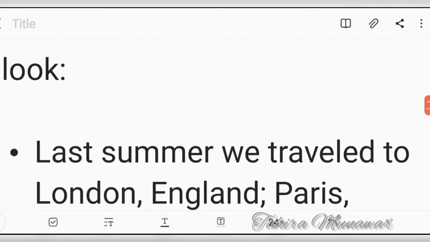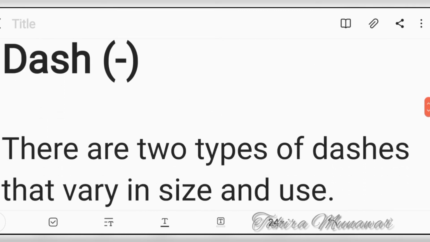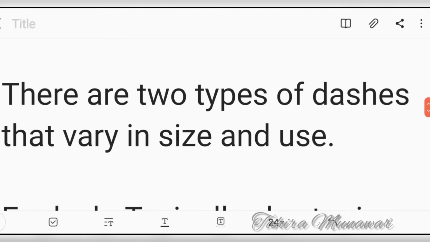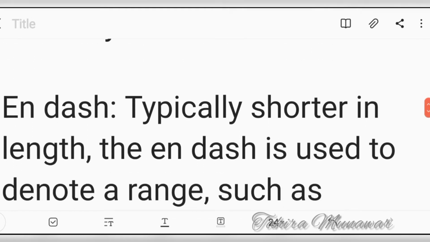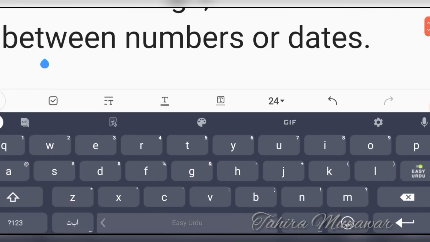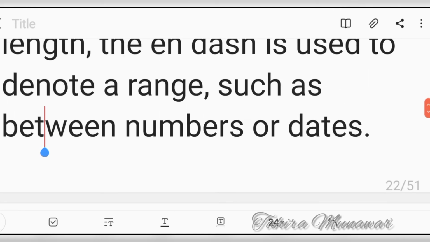semicolons. Secondly, dash. There are a few types of dashes that vary in size and uses. So when you are talking about dashes, you should also know their different uses. Firstly, the en dash. The en dash is typically shorter in length, and it is used to denote a range, such as between numbers or dates.